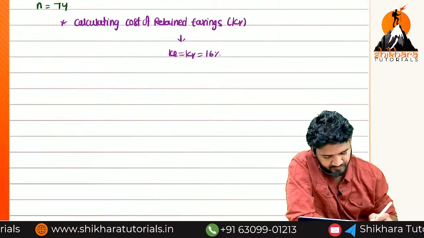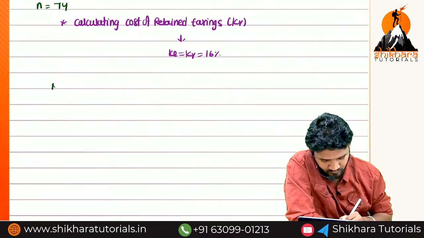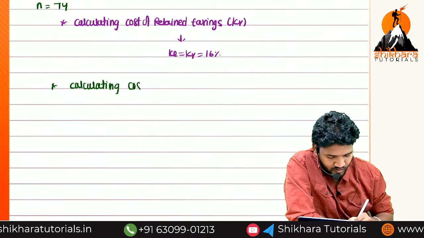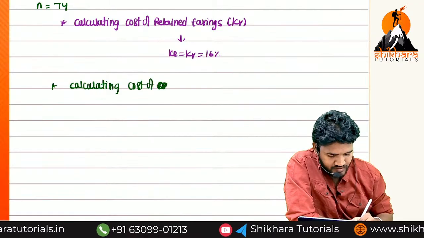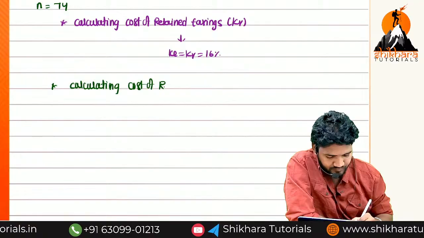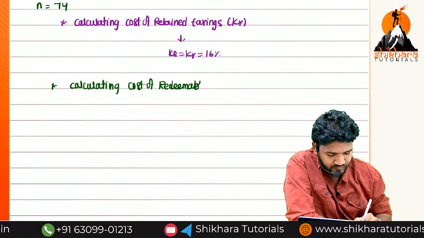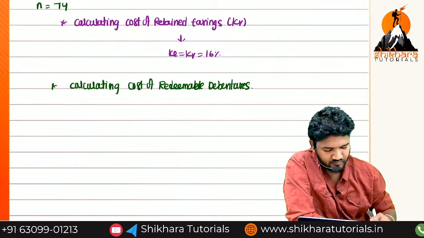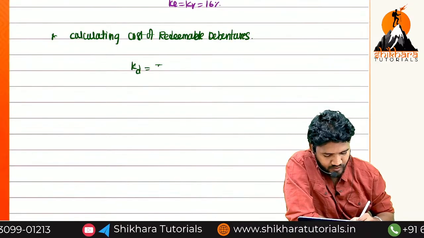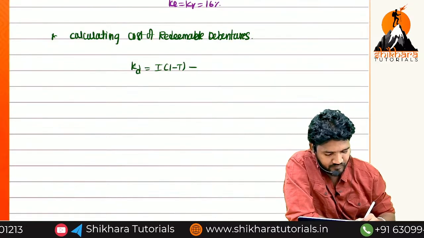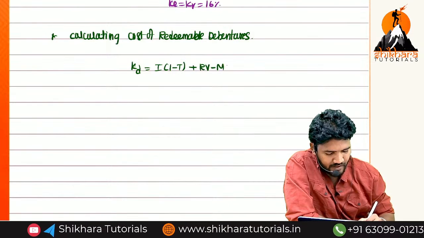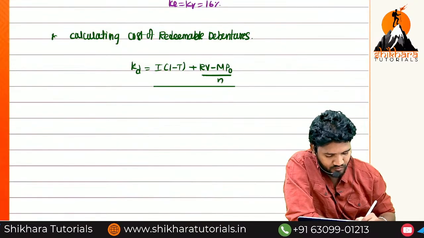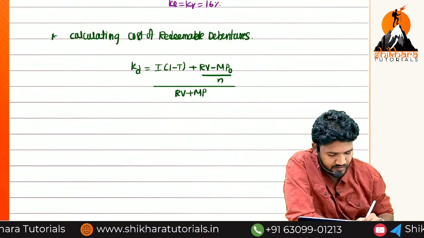Next, calculating cost of debentures, cost of redeemable debentures. KD equals interest times 1 minus tax plus repayment value minus market price divided by n number of years, whole divided by average of repayment value and market price.